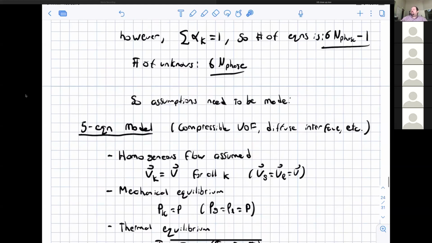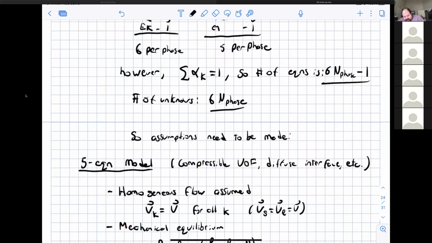I'm just going to go over various forms of these multi-phase flow equations. What is typically done for the volume fraction equation is that they either solve d alpha k dt equals some sort of phase change source term, I'll just call this alpha dot k for the time being.